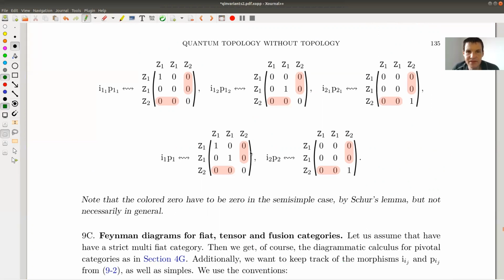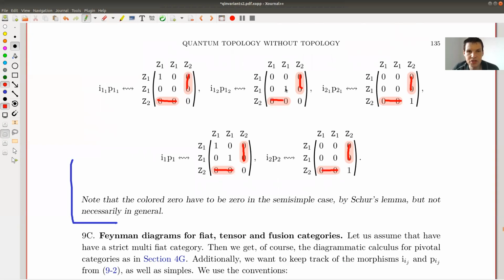The point will be that the colored parts for any morphism have to be 0 in the semi-simple case, but not in the non-semi-simple case. So just be careful here. This thing just dies in the semi-simple case, and you really get those. You can get this decomposition into matrix algebras, one sitting in the uppermost corner and one sitting in the lowermost corner.